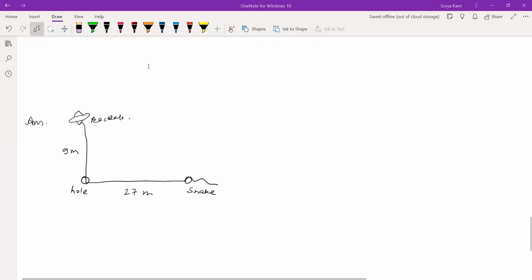So seeing the snake, the peacock pounces. If their speeds are equal, at what distance from the hole is the snake caught? This peacock is going to start from this place, and the snake is going like this, right? At what place will the peacock catch him, somewhere in between?